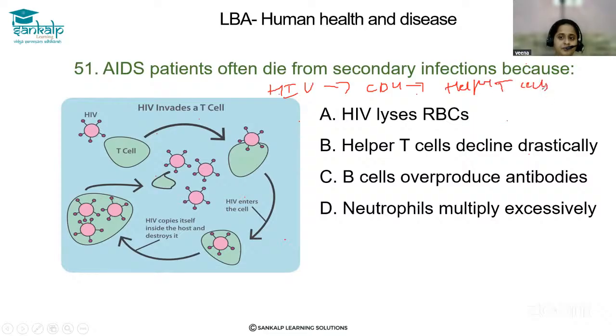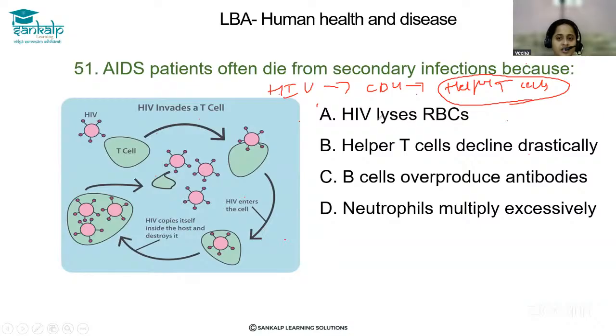Helper T cells are what actually fight against the infection. But here what happens? HIV directly attacks these helper T cells only, right? So that's why the AIDS patient will die due to secondary infection.